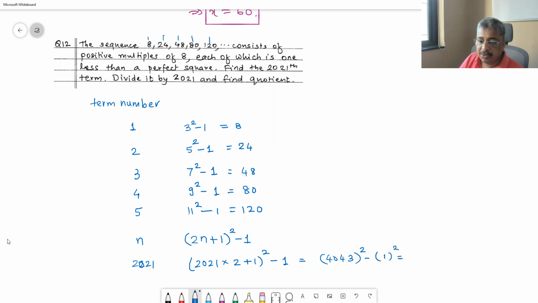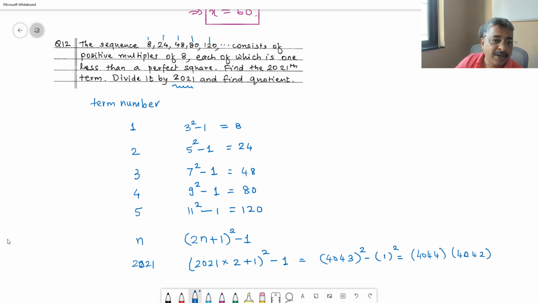So this is factorization. You need not square this because eventually you are supposed to divide it by 2021. Therefore, we can factorize this: 4043 plus 1, that is 4044, and 4043 minus 1, that is 4042. Okay. So this is what is your 2021st term.